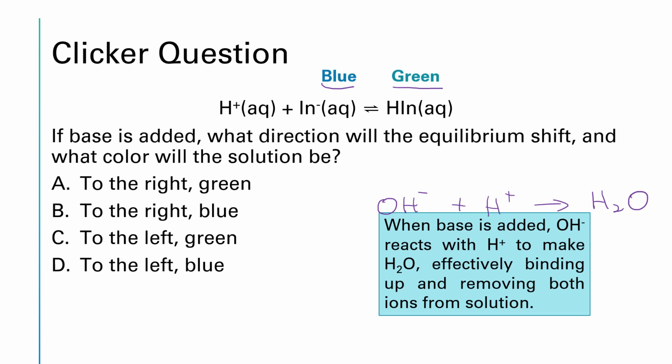So if we are removing a reactant, the reaction will shift in the direction to make more of that reactant. So it will shift to the left, and we will see more of the blue indicator minus. So the correct answer will be D. It'll shift to the left, and the acid-base indicator will turn green.